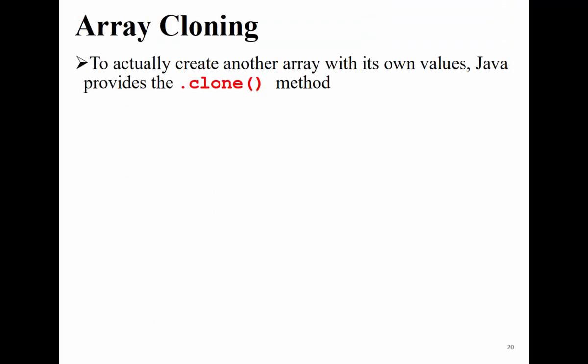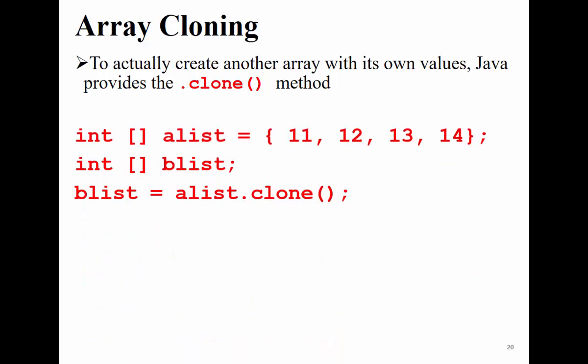Okay, how can we make a clone of the array? We have the .clone method to create a clone of the array. So if we have an integer aList and we define the list as an array, and it contains how many elements? 4 elements. That means aList.length will be equal to 4, and the elements are stored from 0 to 3.